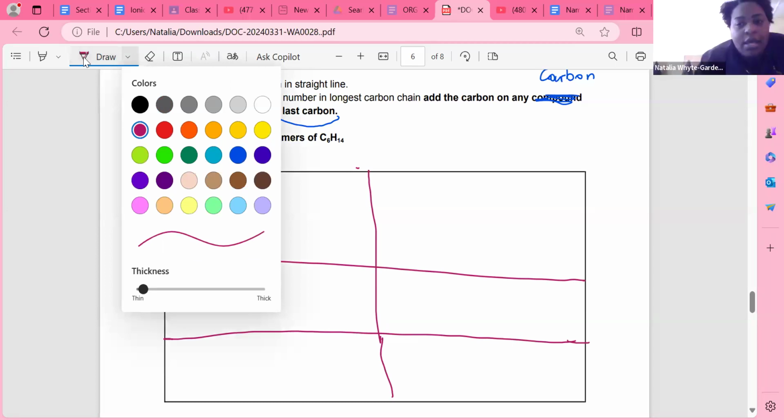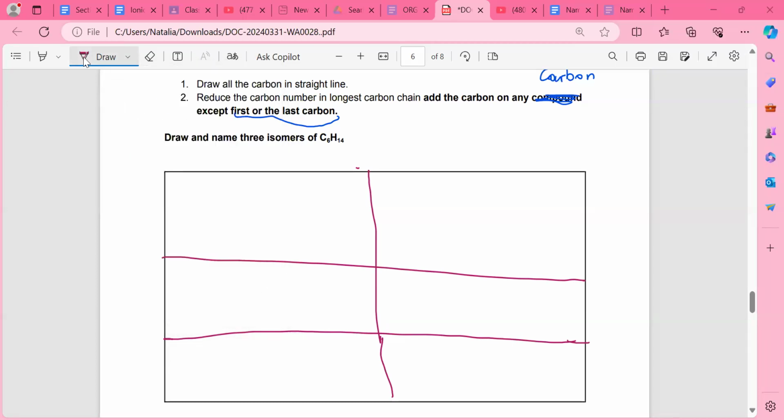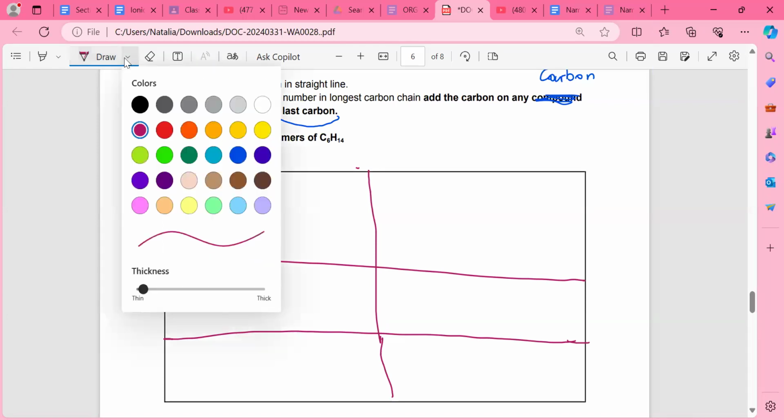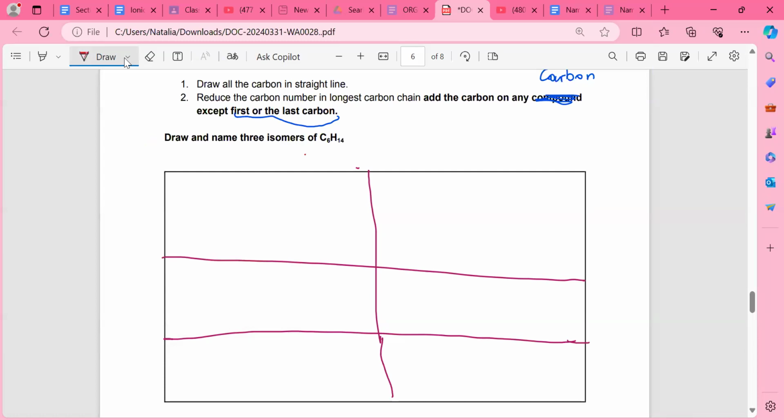So I'm going to go ahead and draw that one. Each carbon will be bonded 4 times by adding in my H's.